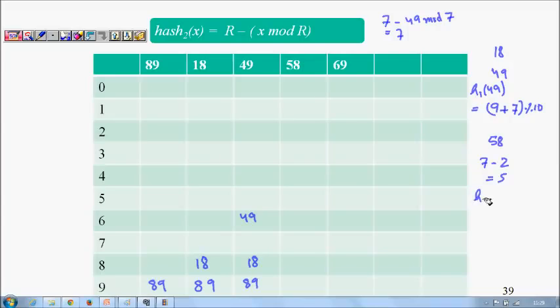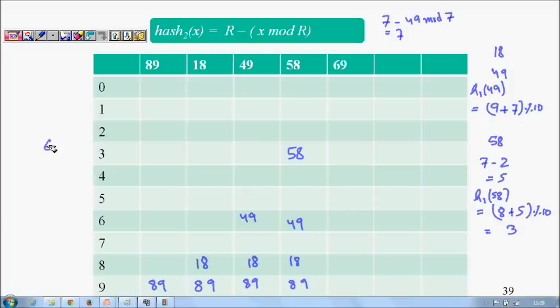So h1 of 58 will be (8 plus 5) modulo 10, so 13 modulo 10, which is 3. So 58 will come here, in cell 3. So we have 58, 49, 18, 89.